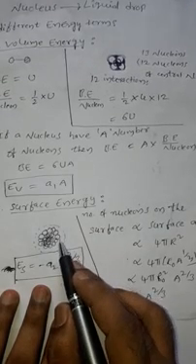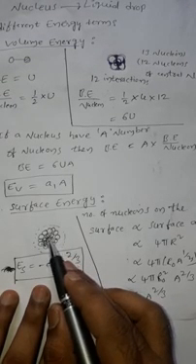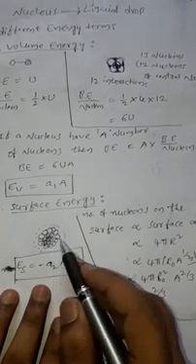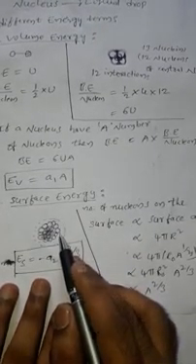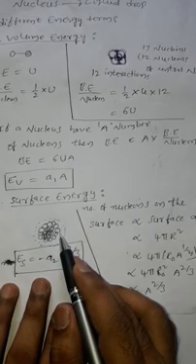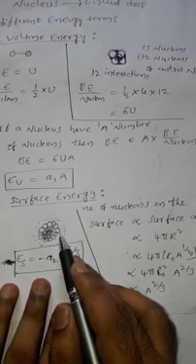These are loosely bound as compared to the nucleons which are in the volume. So due to these nucleons, the binding energy of the nucleus will be decreased.